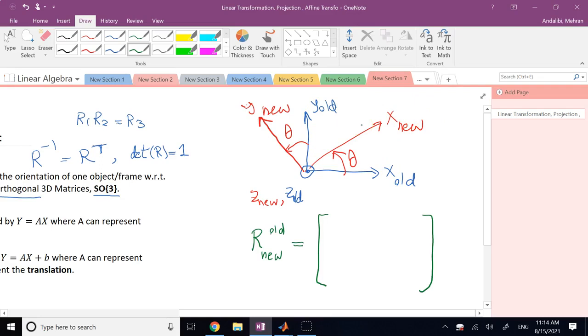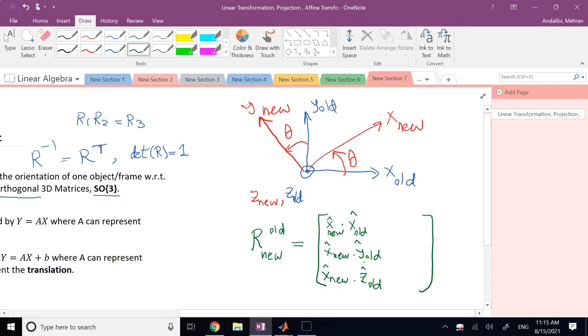In other words, the first column is going to be x new dot product with x old. Okay? So the projection of the new along old, and then again x new dot product with y old, and then again x new dot product with respect to z old.